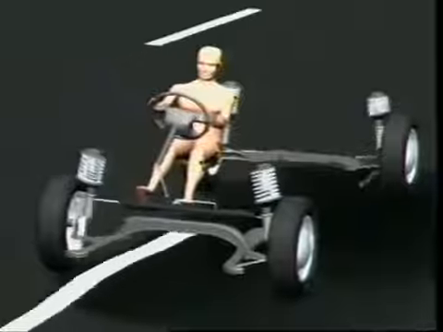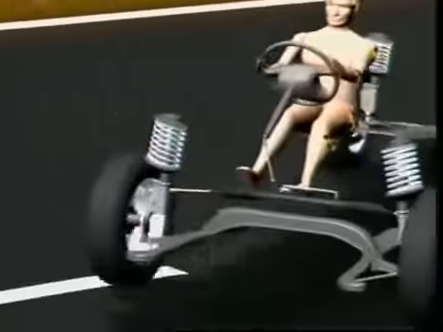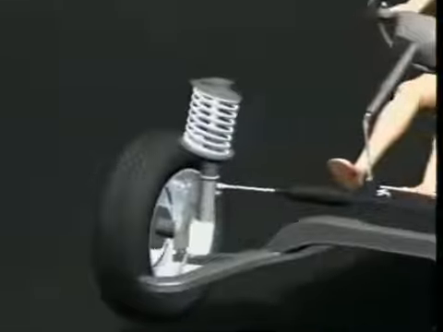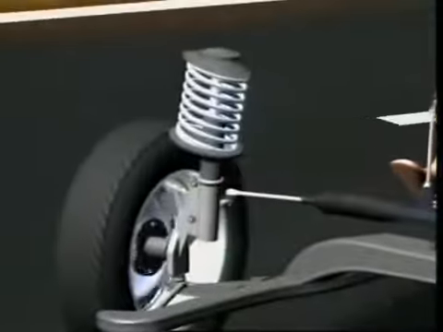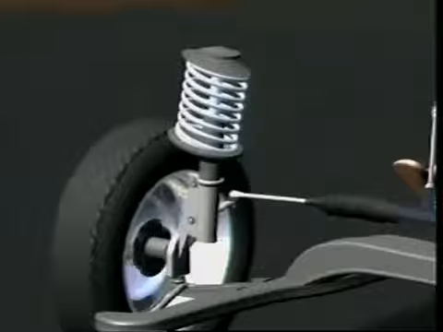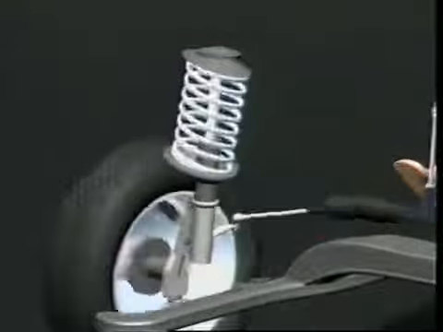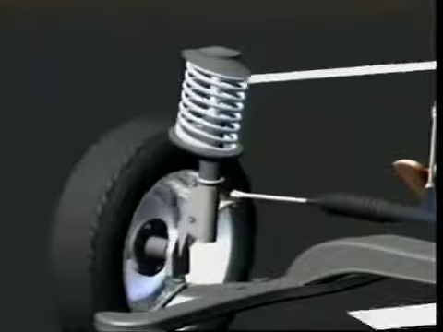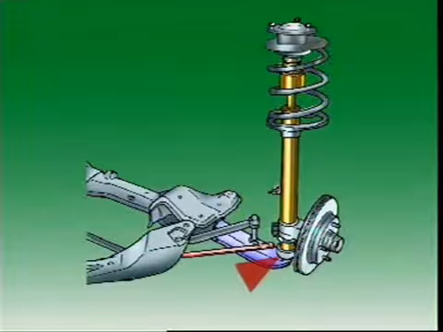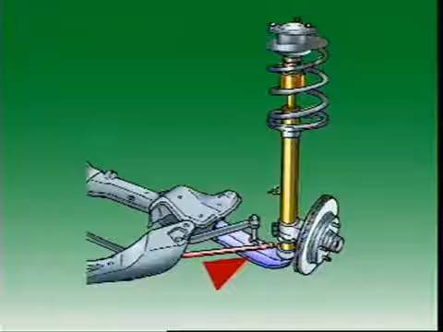One of the simplest and most common independent suspension systems is the McPherson strut type. It can be used on the front and rear of the vehicle. It consists of a spring and shock absorber unit called a strut. The lower end of the strut is located by a ball joint fitted to the end of the suspension control arm.